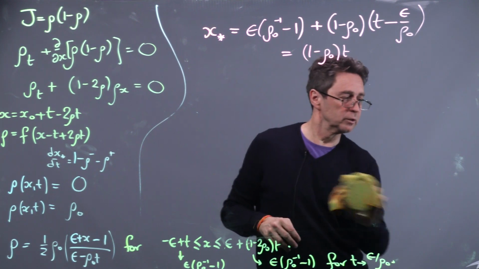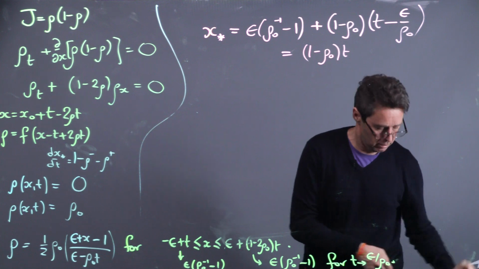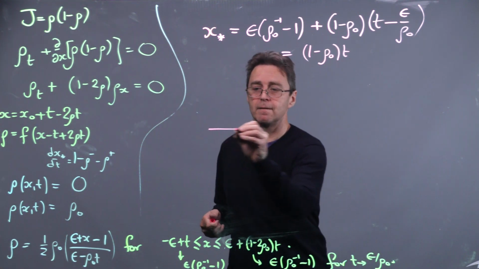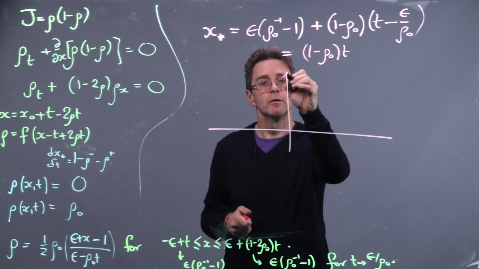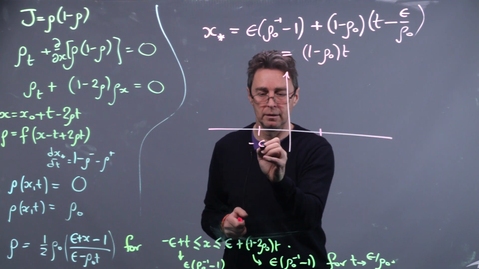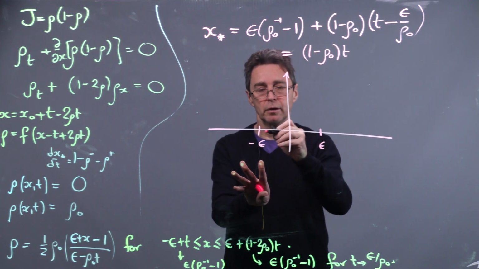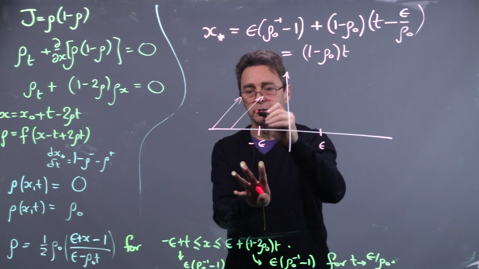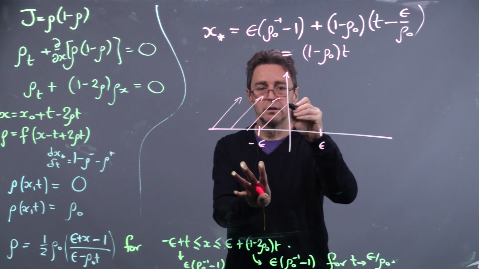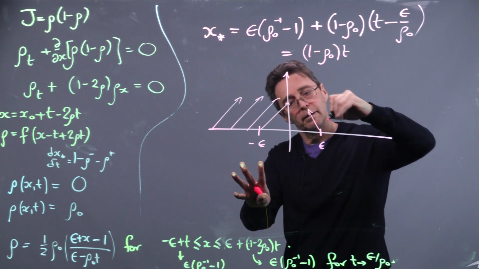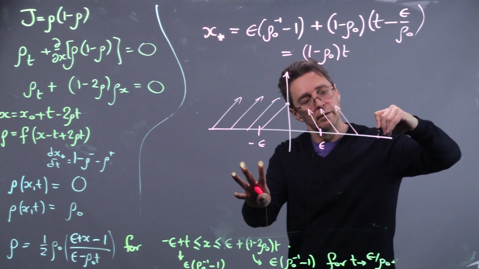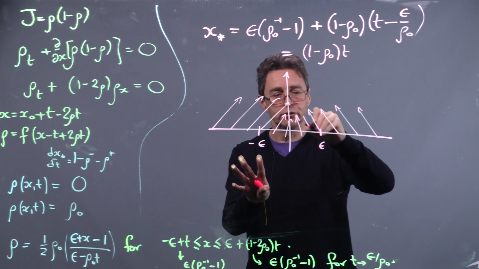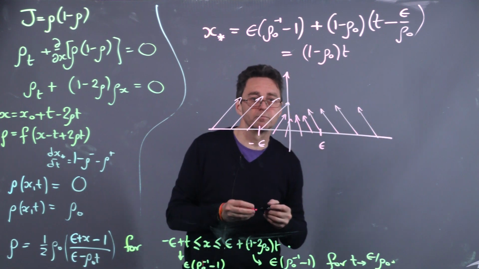There's one part of the characteristics diagram that's the same as what we had before, which was that between minus epsilon and plus epsilon, we've got these characteristics. Remember, this one was going this way, this one's going that way, like this. These ones are coming this way, and these ones are coming up like that. And this remains true, provided we don't go too far.